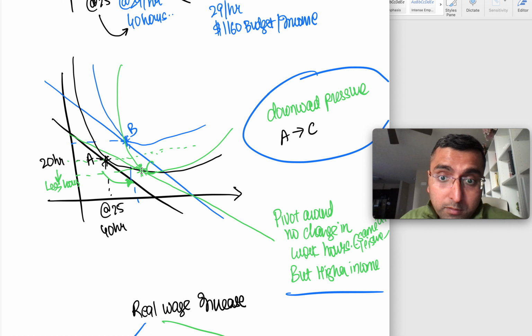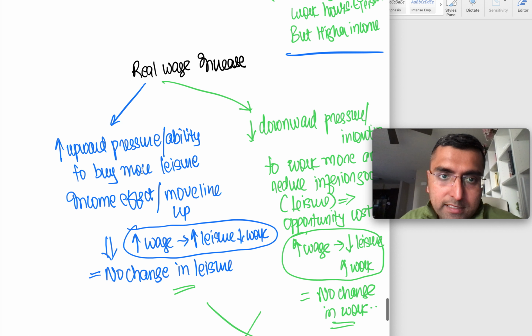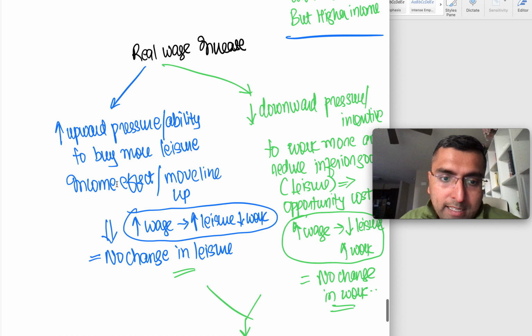But now, once we know these concepts, let's find out what's given in the case. What's given in the case is that there's an upward pressure to buy more leisure because of the income effect. And so we know that when wages go up, you can buy more leisure.